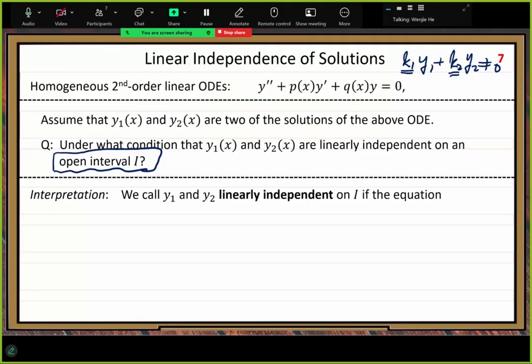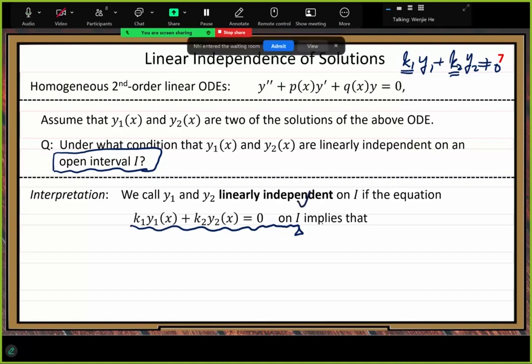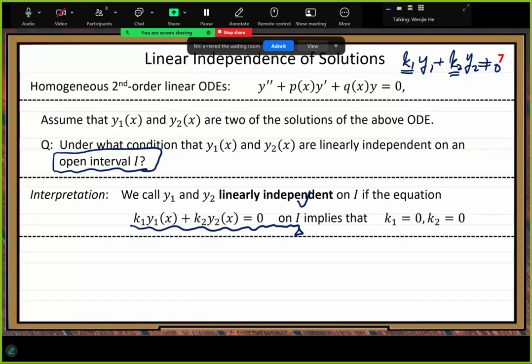We call y1 and y2 linearly independent on I if the equation k1 times y1 function plus k2 times y2 function equals 0 on I implies that k1 must be 0 and k2 must be 0. Here this equality holds on the whole interval I, everywhere in that I. So that's the definition for linear independence.